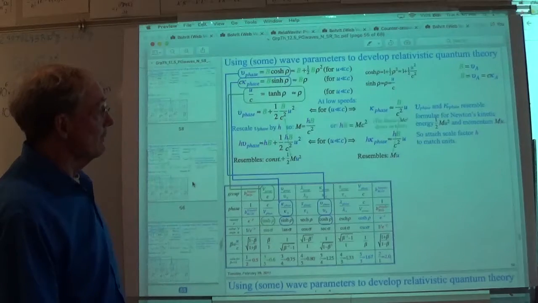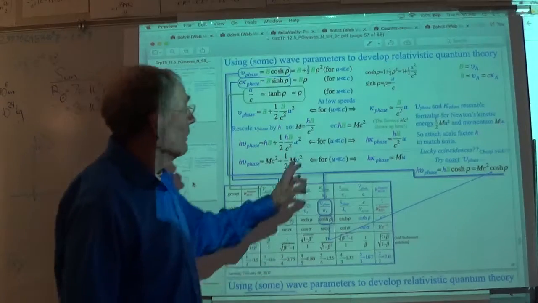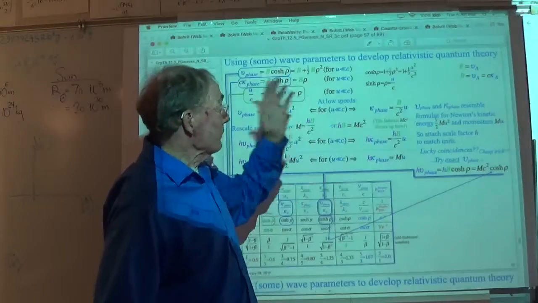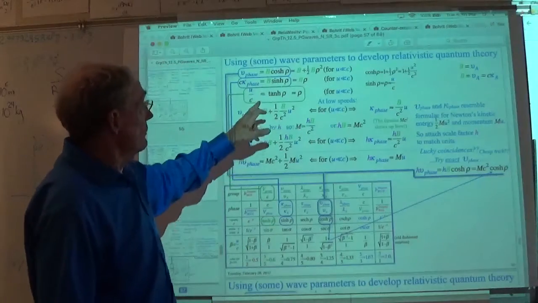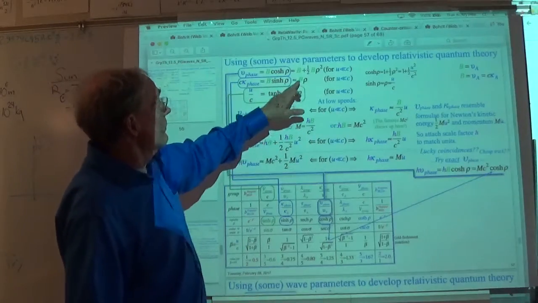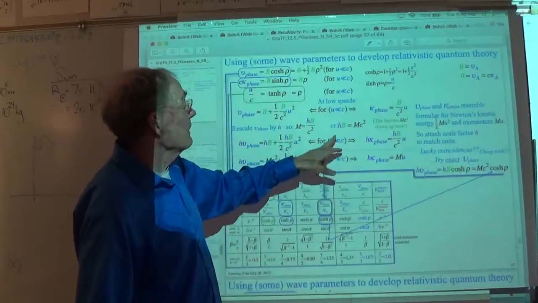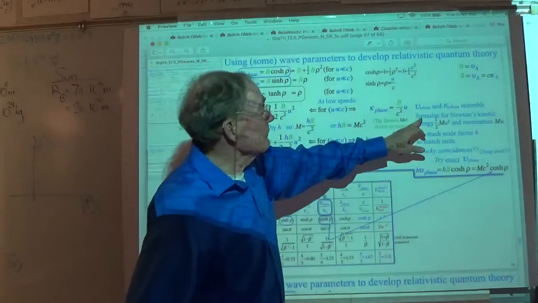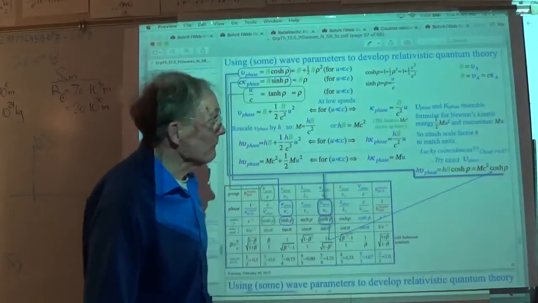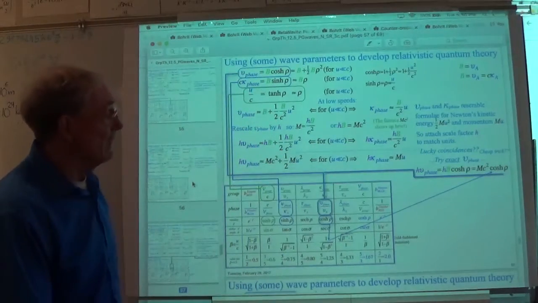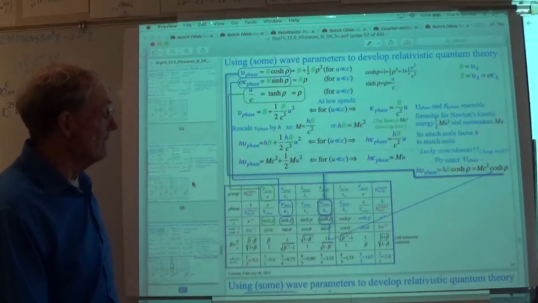Just go through this little step thing, deriving the mc squared as the bottom of the hyperbola, just based on the fact that these two behave like kinetic energy and momentum. This resembles the formulas of Newton's kinetic energy and momentum. This is where you make the connection with mechanics and the wave phenomena.